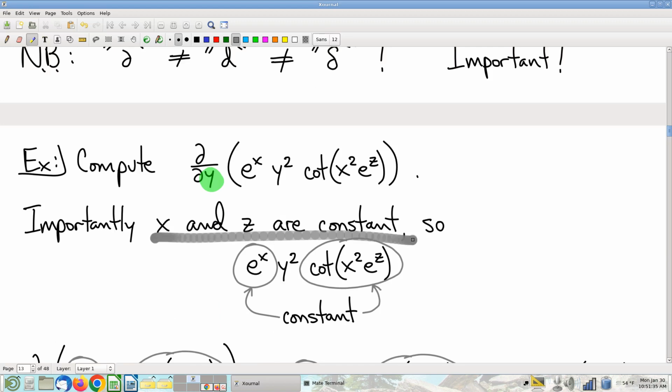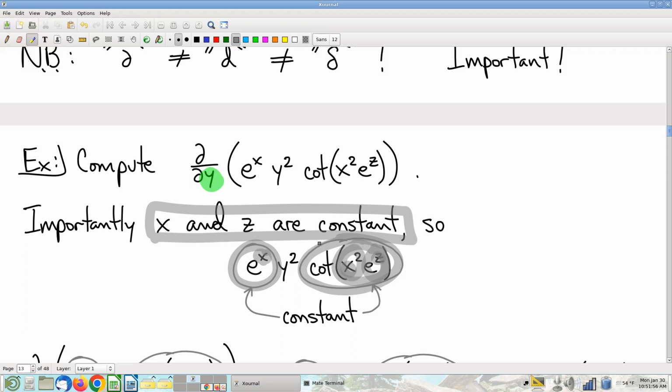With x being constant, e to the x is a constant, and x squared is a constant. With z being constant, e to the z is constant. That means this product is constant, and that means its cotangent is constant.